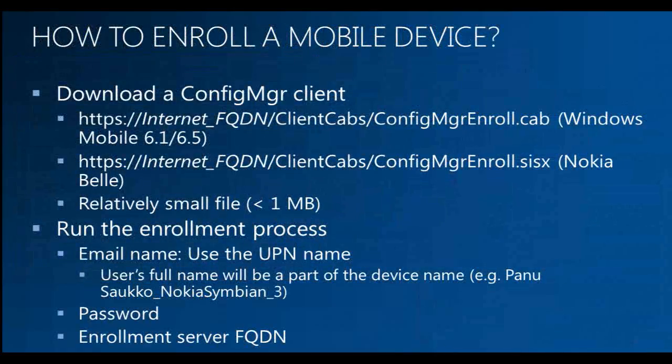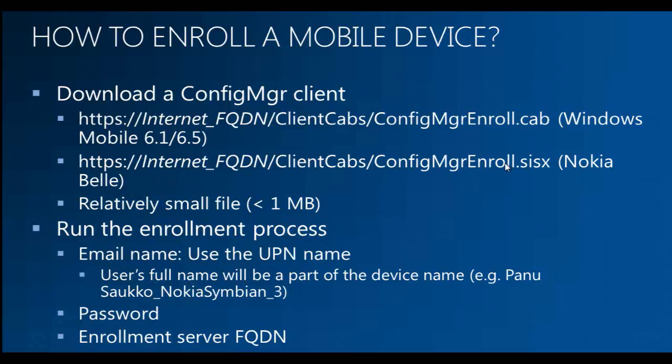So how do you then actually enroll a mobile device? First of all, you need to download the client, and you start the web browser on your mobile device. There are two different client files: ConfigManagerEnroll.cab for Windows mobile devices and ConfigManagerEnroll.sisx for Nokia Belle devices.